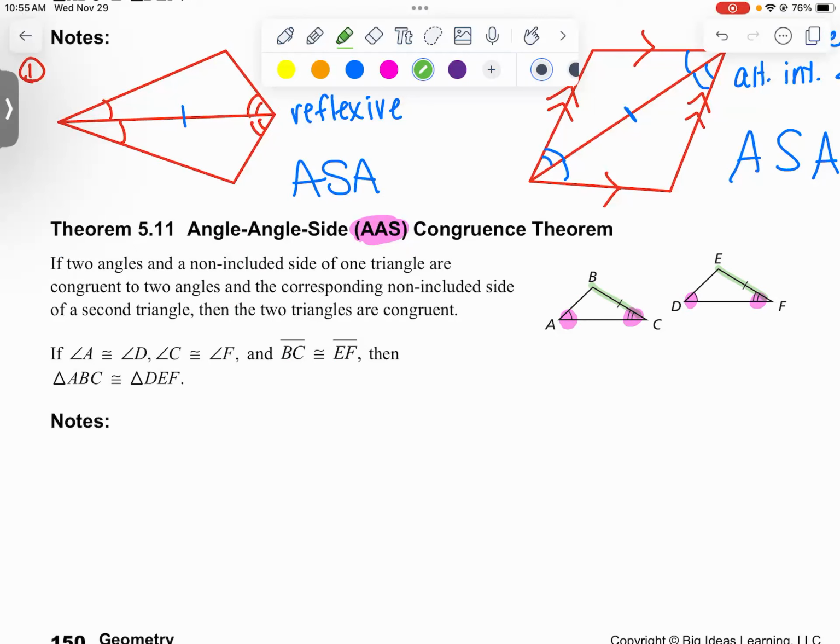Both of them are going to work. That is not the case when we have two sides and one angle congruent. But when we have two angles and one side congruent, it can be in between or it doesn't have to be. But we do need to recognize if it's in between, we need to write the S in between the two A's. If our side is not in between our two angles, then we need to write it as angle, angle, side.